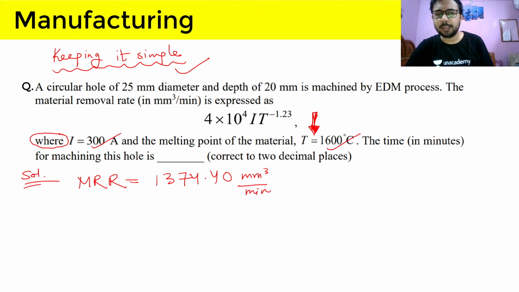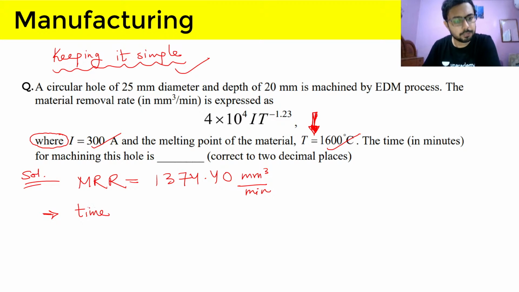Now the machining time for this hole is asked, and the EDM process is given. Since the material removal rate is known, to calculate the machining time we will find the area of cut, and we can find the volume of cut. Simply see the units.